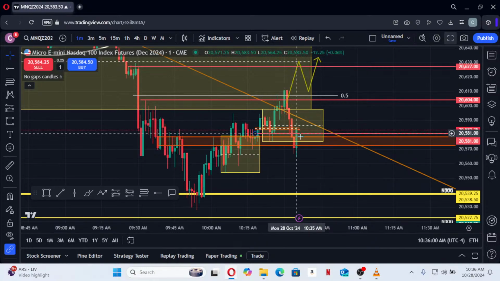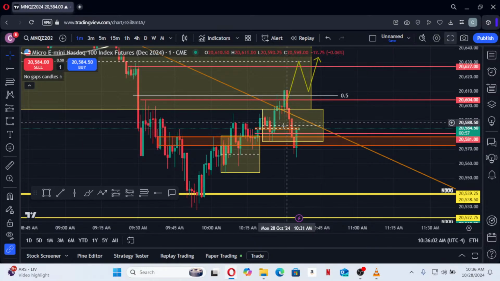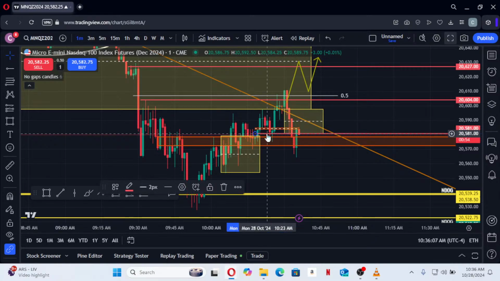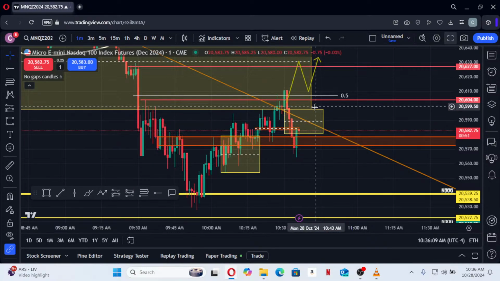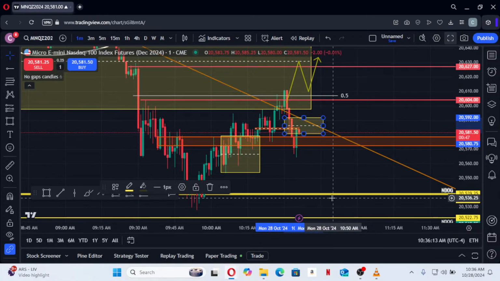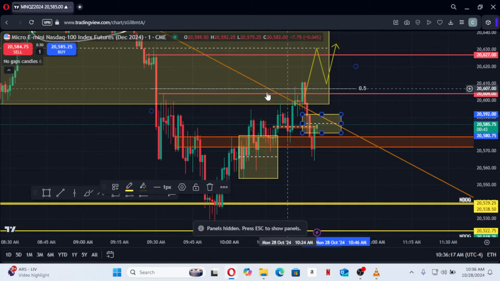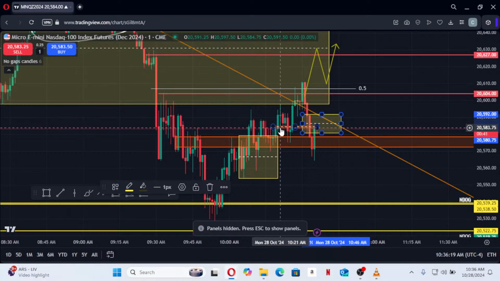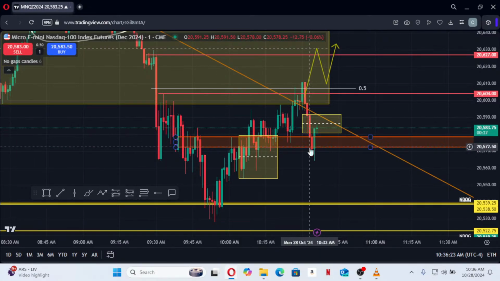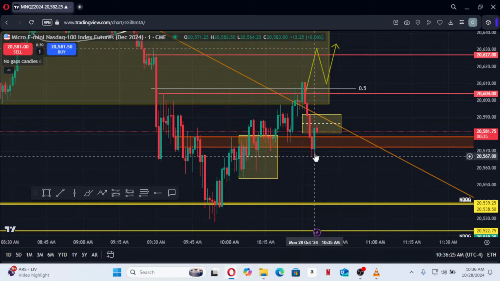So this is on the lower time frame. This here is a zone that you could probably see on the seconds. From this low to the high that closed below, put in a new low.